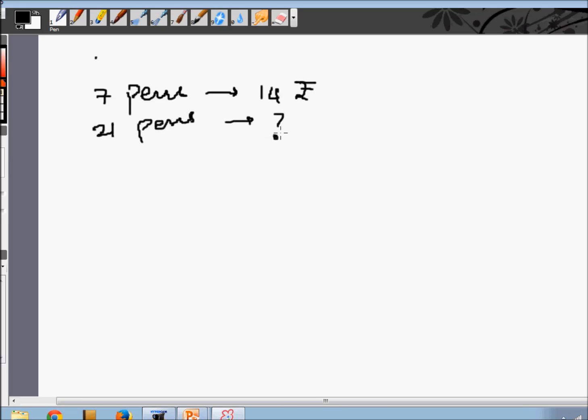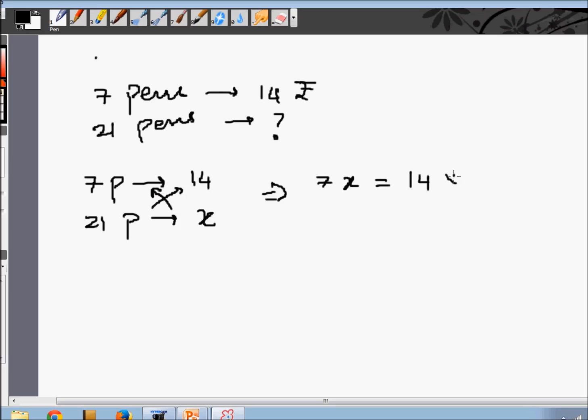This is your question. So what you do, you write it in that format. 7 pens gives me 14 rupees. Okay, so 21 pens, let's say, will give me x rupees. Now cross multiply. So cross multiplication gives me 7 pen multiplied by x is equal to 14 into 21 pens.